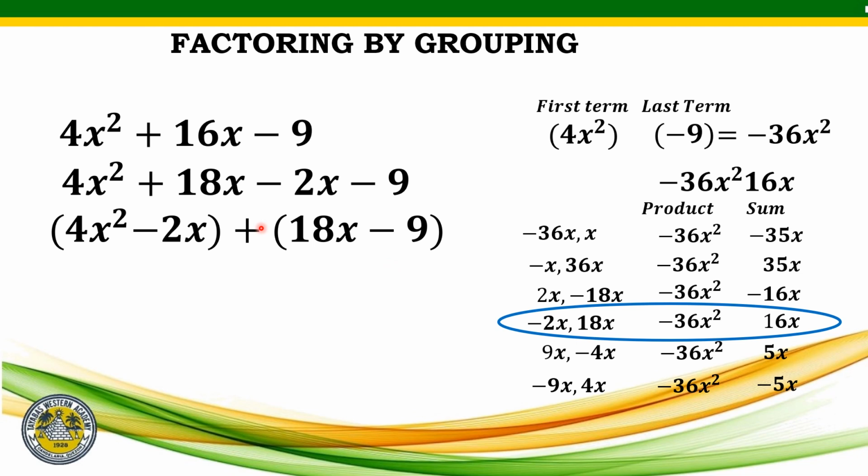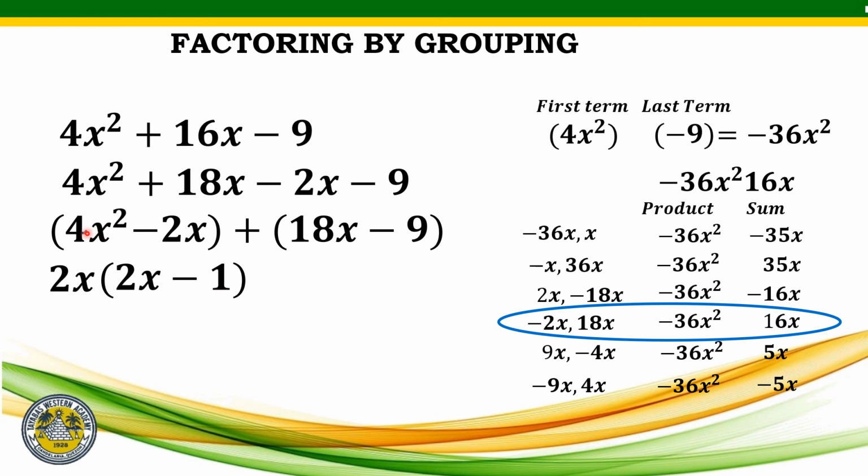Then, ipa-factor natin kung meron silang possible common factor pa. So, dito sa unang group natin, meron silang common sa number, which is 2. So, i-bring down natin yung 2. And then, sa variable, x ang magkaparehas nila. So, bring down natin yung x. So, matitira na lang sa loob is 2x minus 1.